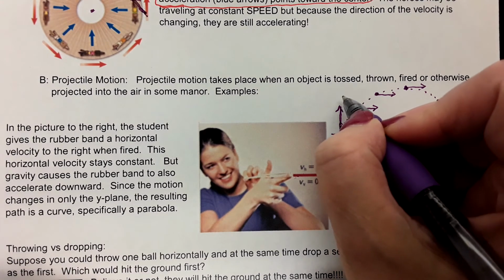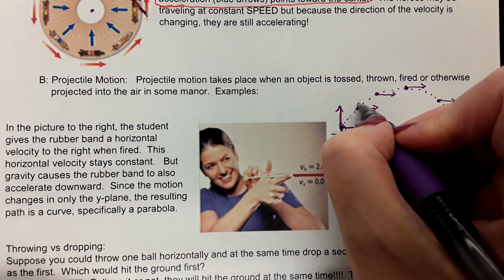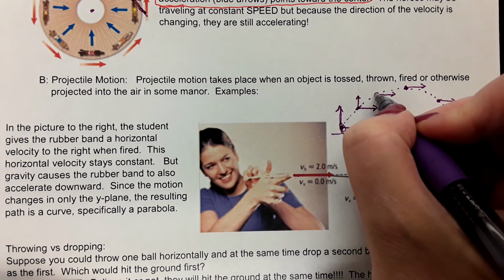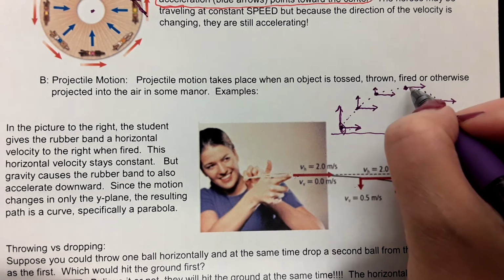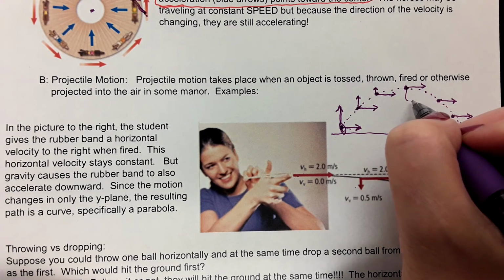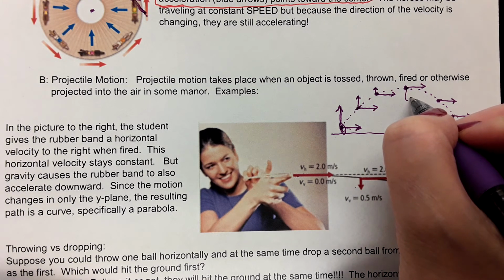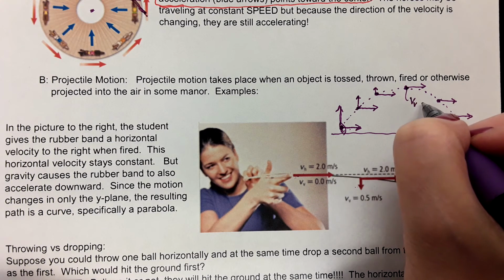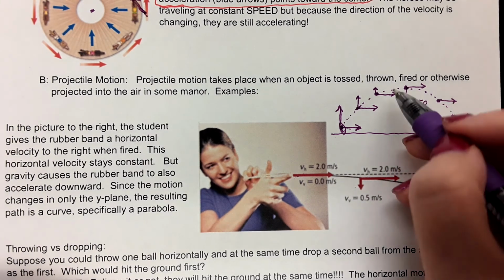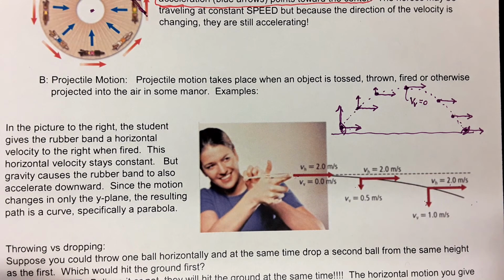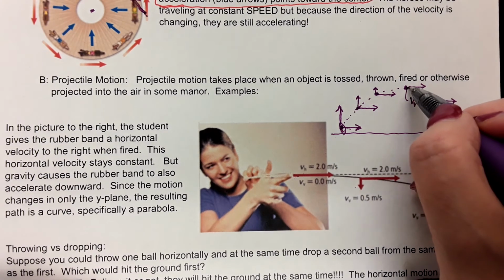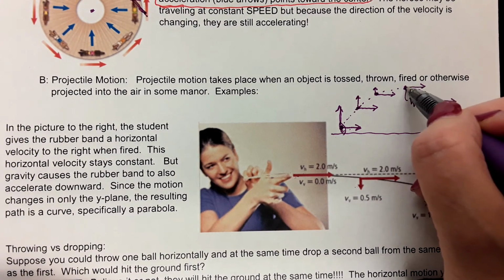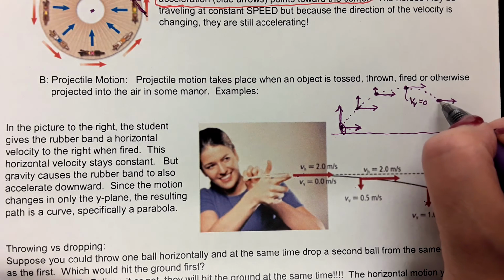And since the ball's going up and gravity pulls down, it's going to make the ball slow down until right at the top, it's 0. The vertical velocity at the top is 0. Only the horizontal velocity exists. Then gravity changes the direction of the vertical velocity.